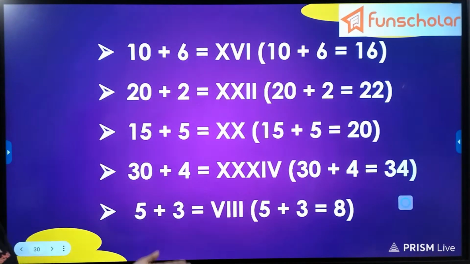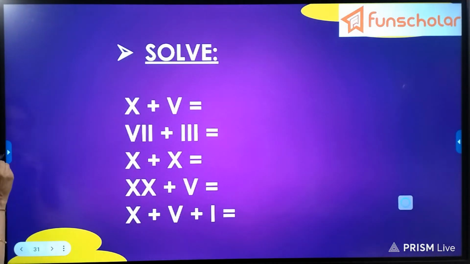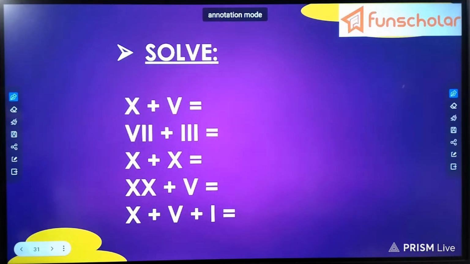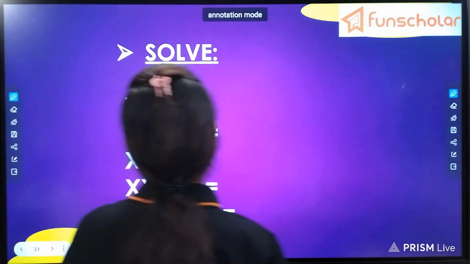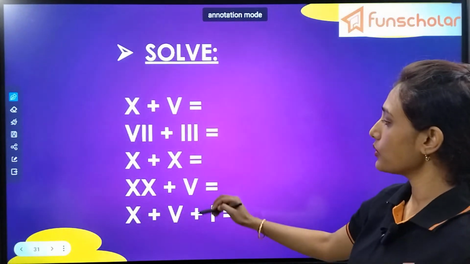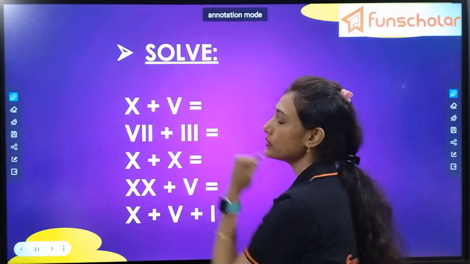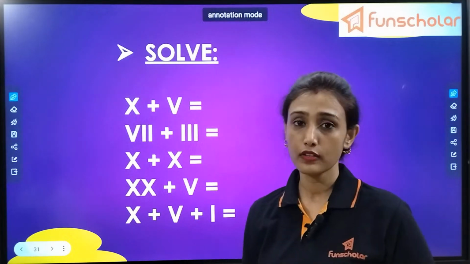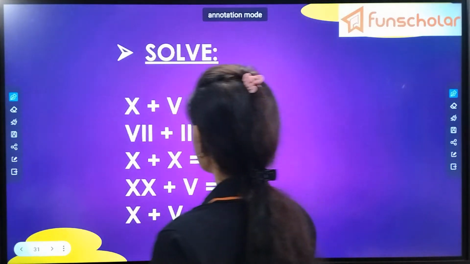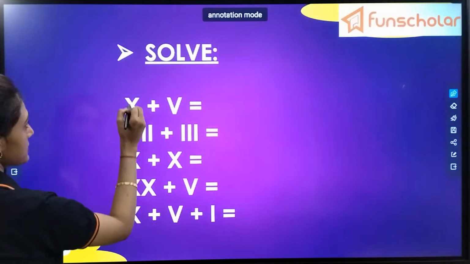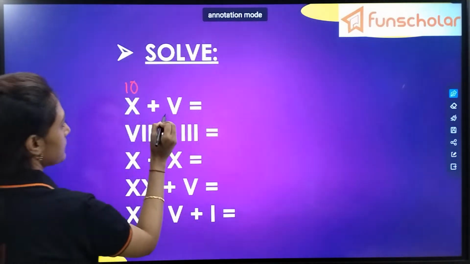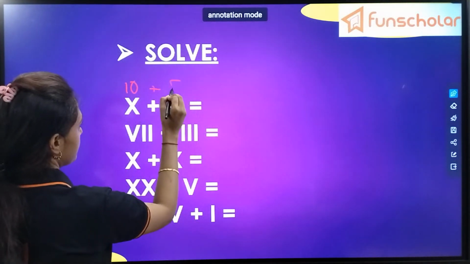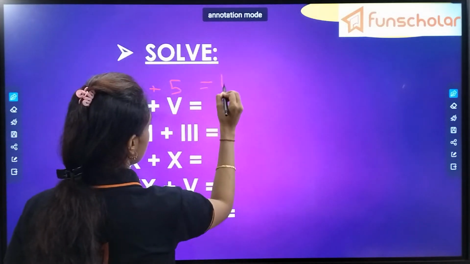Now we will solve. You just need to decode it into the Hindu numeric system so that it is easy for you to solve the Roman numbers. Okay? X and V means 10 plus 5, it will be 15.